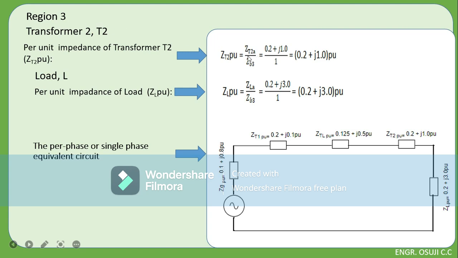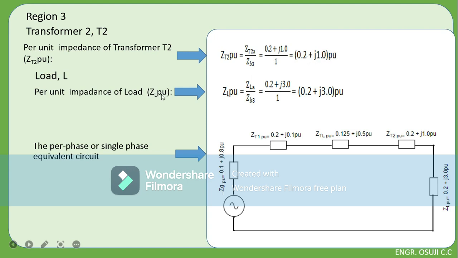So when we compare that to find its per unit impedance, we're going to be using its actual impedance, which has been referred to the 10 kV side, with also the base impedance of that 10 kV side, or region 3. What did we get as our base impedance? Our base impedance for region 3, if you go back to our calculation, is 1. So when you compare that, this will be our per unit value.